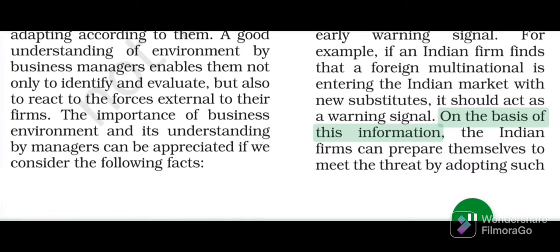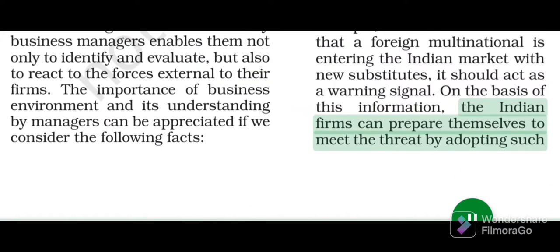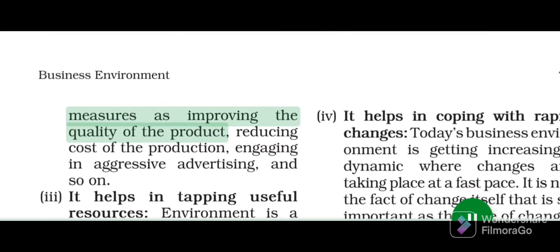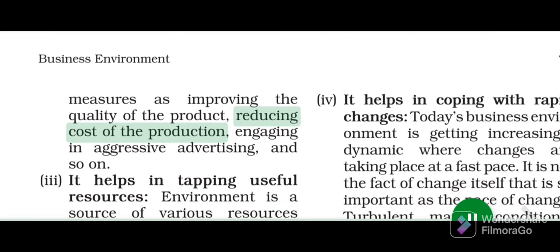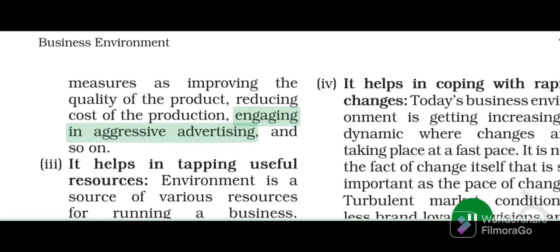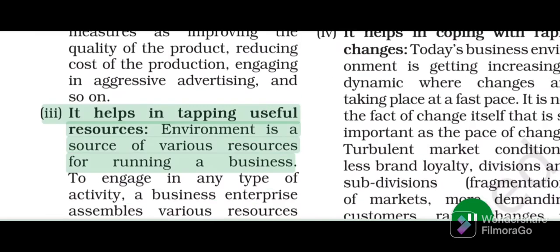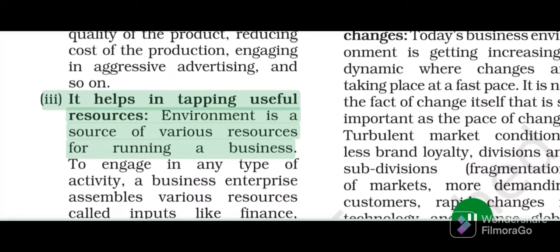On the basis of this information, the Indian firms can prepare themselves to meet the threat by adopting such measures as improving the quality of the product, reducing cost of the production, engaging in aggressive advertising, and so on.